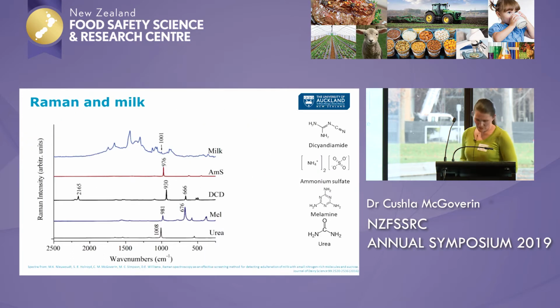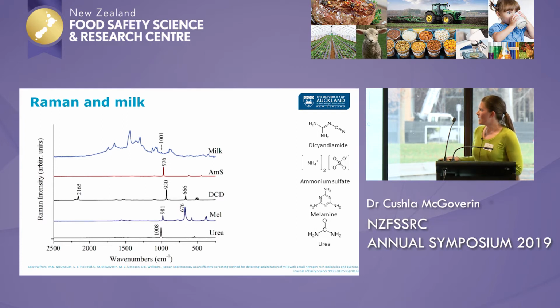And then just briefly towards the end, just to show you, Raman spectroscopy is my favorite form of spectroscopy, so I like to show it. This was a PGP project done with Steve Holroyd from Fonterra and Michelle Newitt and Cather Simpson from Auckland.